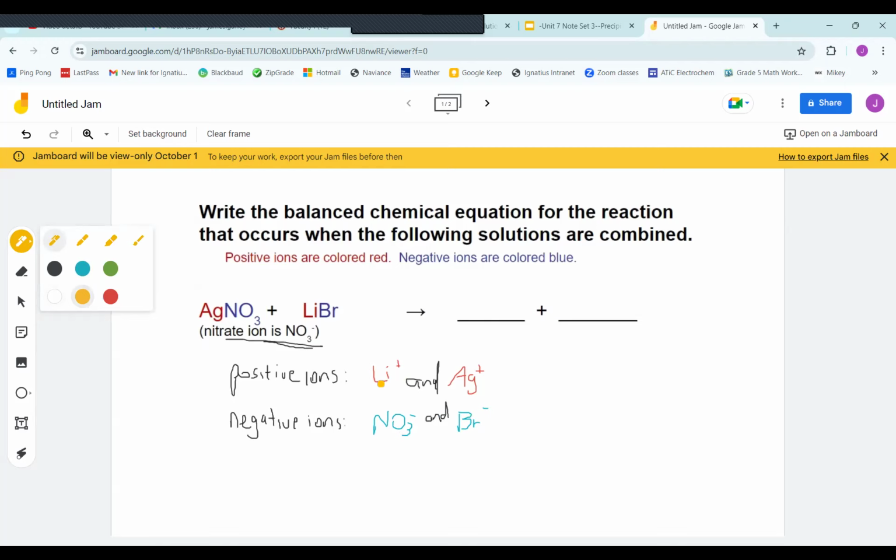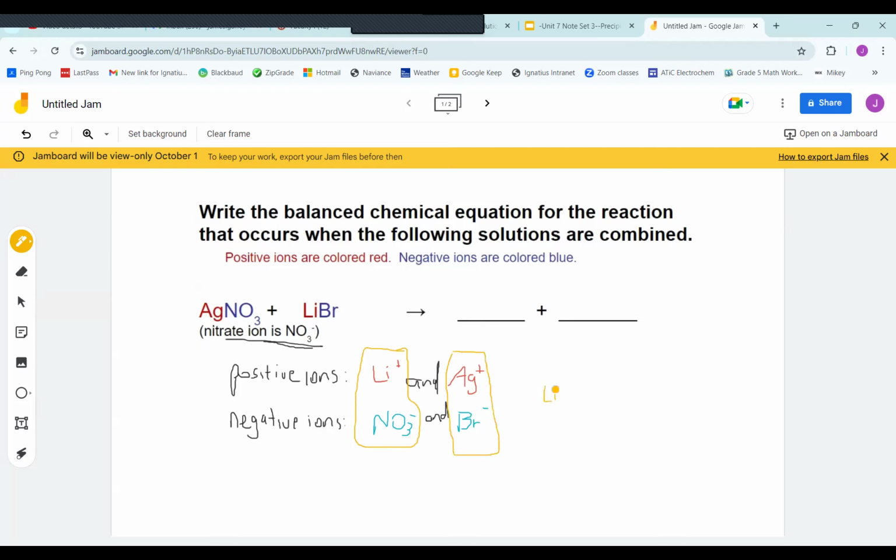Okay, so we have our positive ions and negative ions. Initially, Ag was paired with NO3, and Li was initially paired with Br. The new way of combining a positive with a negative ion would be Li paired with NO3 and Ag paired with Br minus.